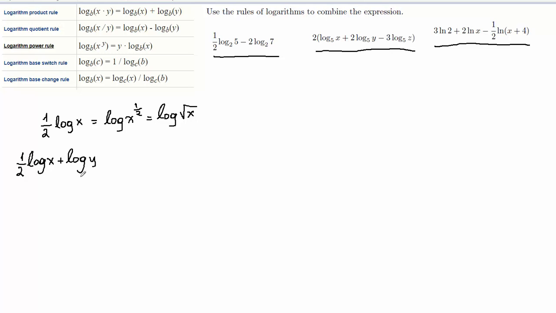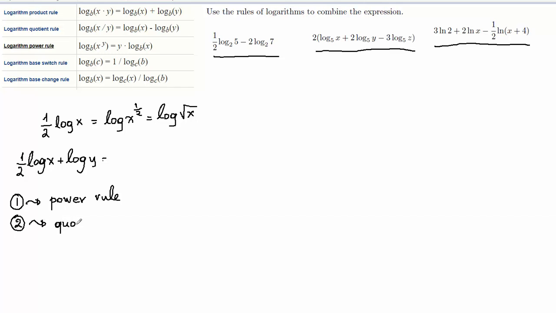then again you have to look at the bases. Right here I have no base, so I can assume that the base is 10, because this is the notation that I have. And I can simplify that. I can combine those logarithms. Whenever you combine logarithms, I want you to remember that the first thing that you do is consider the power rule, and then you consider either the quotient or the product rule.